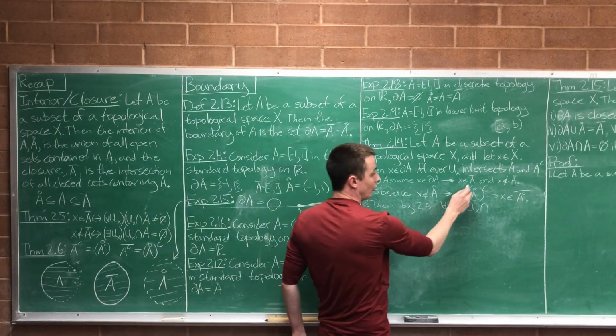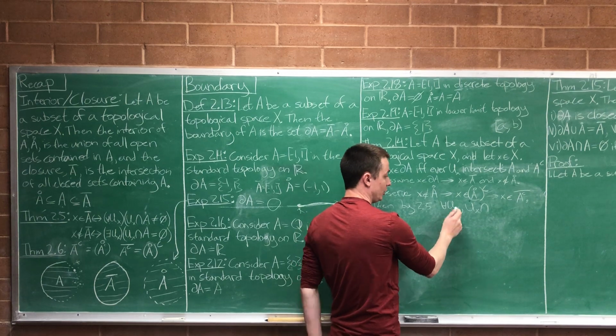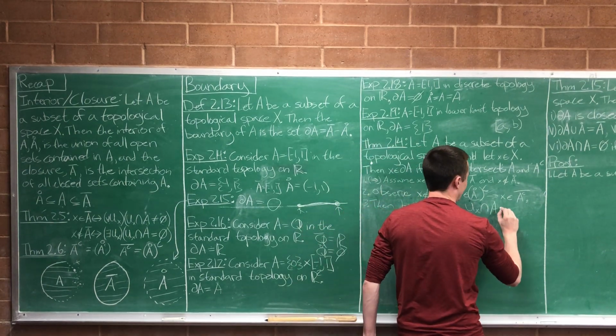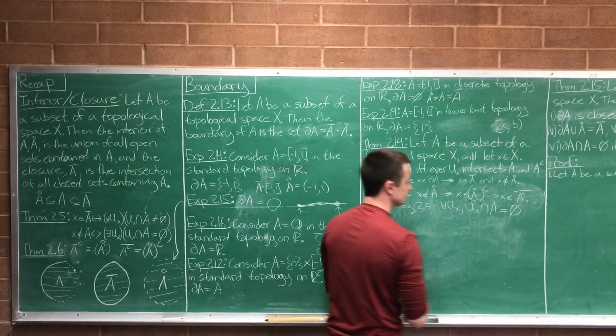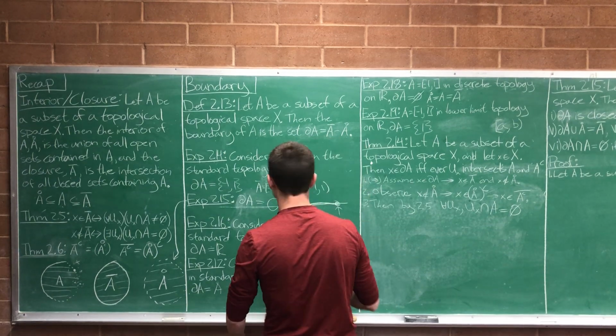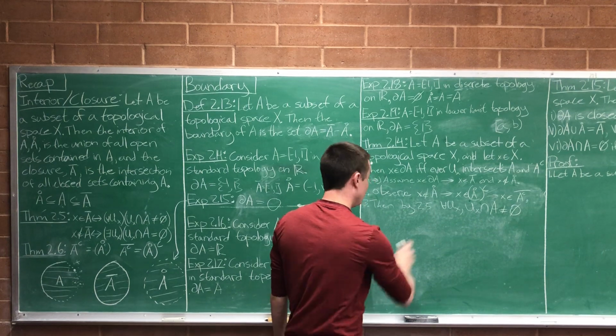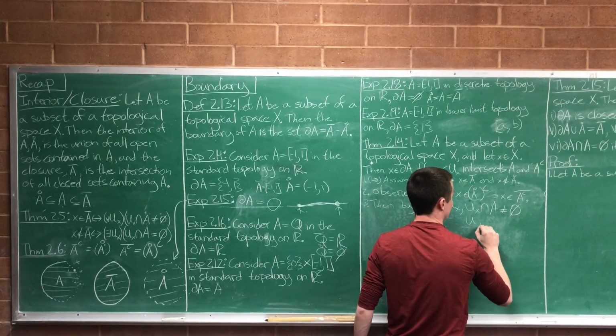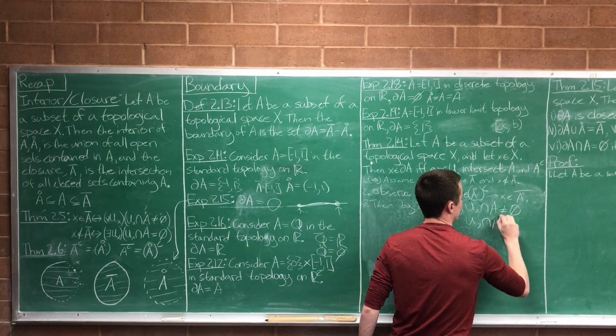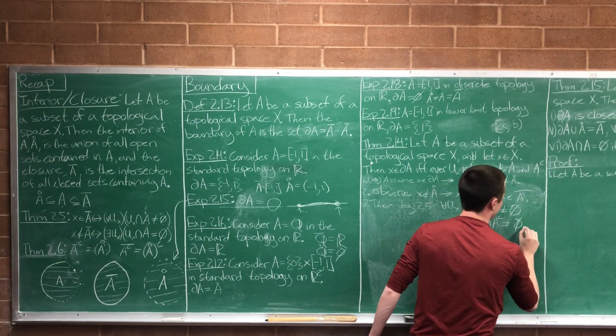Since x is in the closure of A, every neighborhood of x intersects A, and the intersection is not equal to the empty set. Similarly, by the exact same theorem.